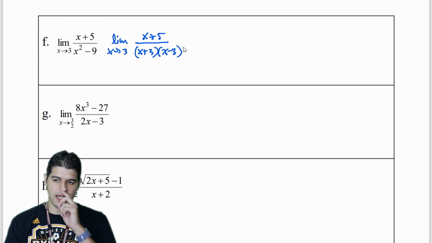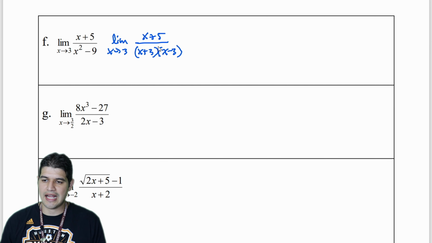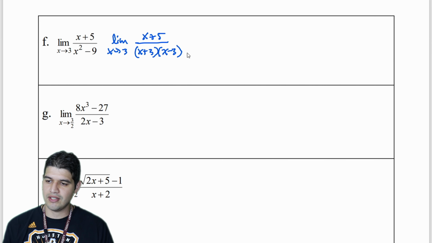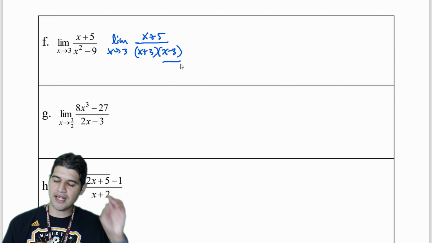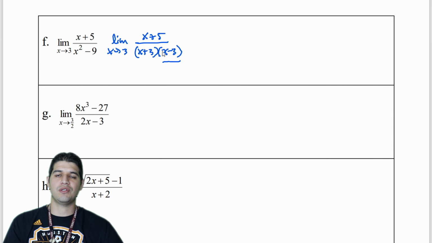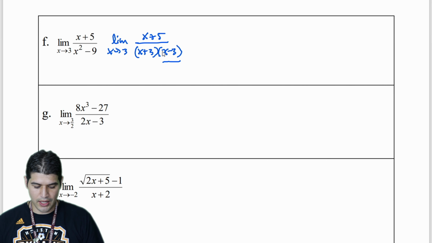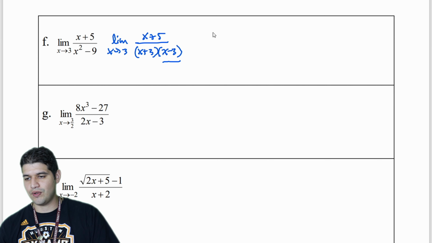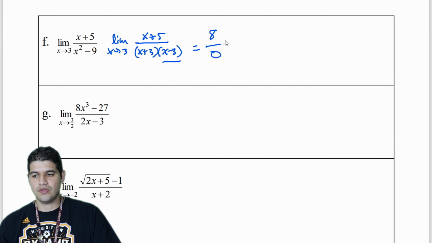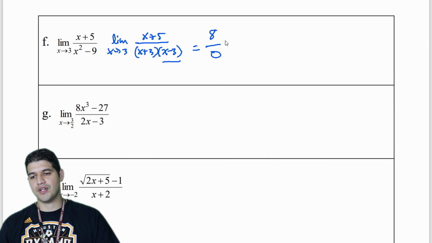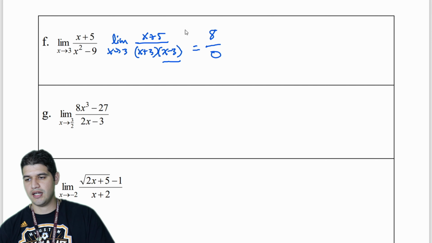All right, so nothing factored out, but if I substitute a 3 in right here in this part, I get 3 minus 3, so that's 0, and I end up with 0 in my denominator. So I end up with basically going 8 over 0. And since I have that happening, there's a vertical asymptote, there's something weird happening there. So the limit at 3 does not exist.